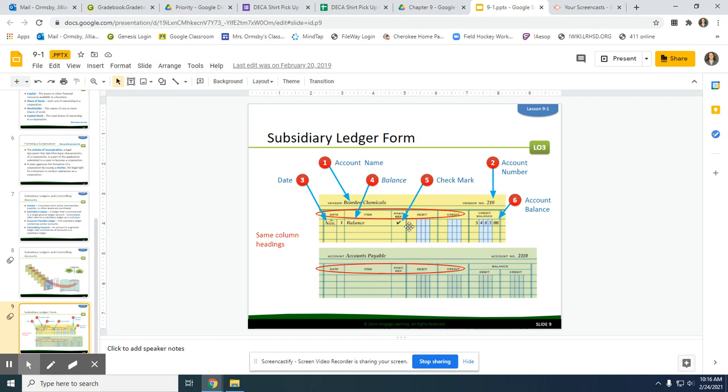This ledger form is slightly different from the accounts payable ledger form, in that this part here that's circled is all the same, but now for the balance, there's only going to be a credit balance because we're not going to be utilizing the debit column, because all accounts payable have a credit balance.